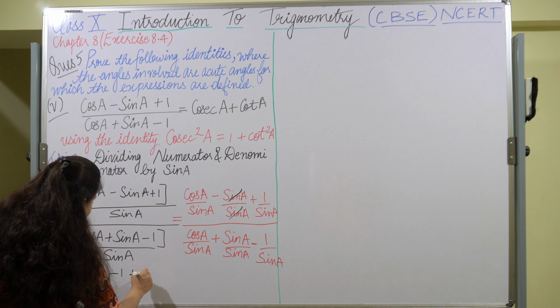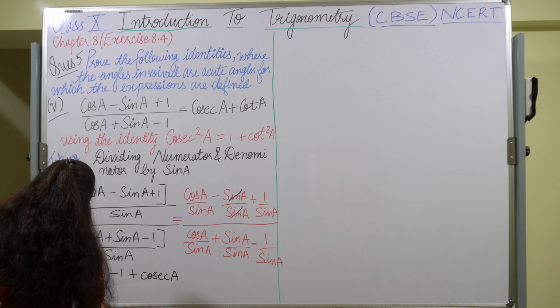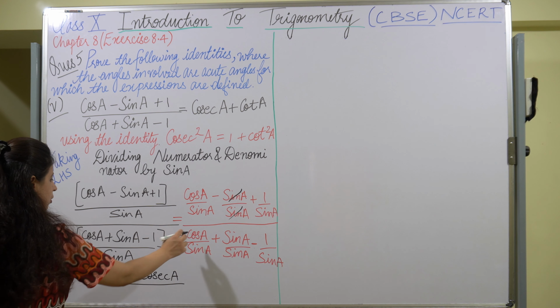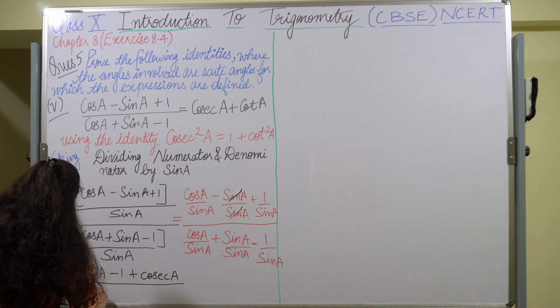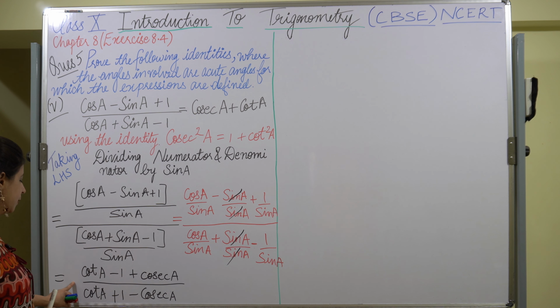So it will be cosec A upon, again this is cot A plus 1, again this gets cancelled, and minus 1 upon sin A is again cosec A. Okay, so we have reached till here.